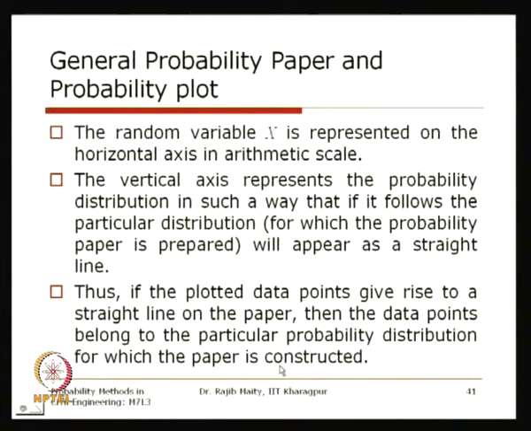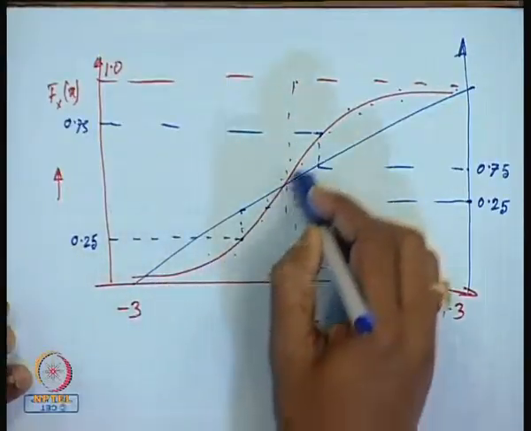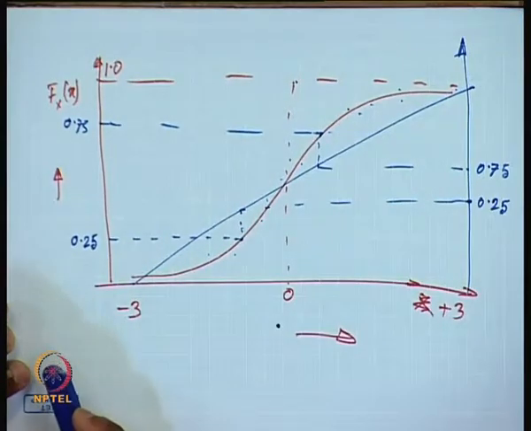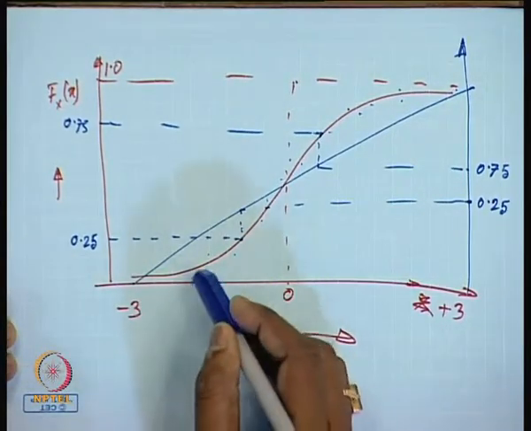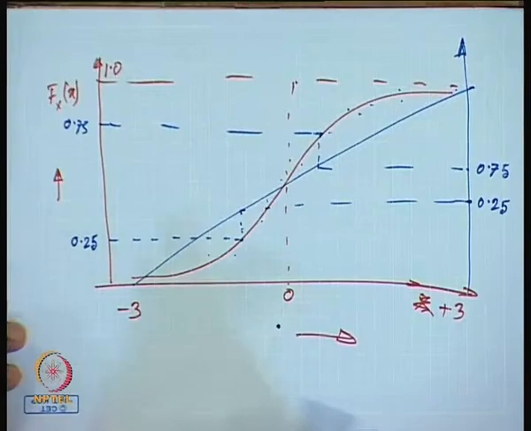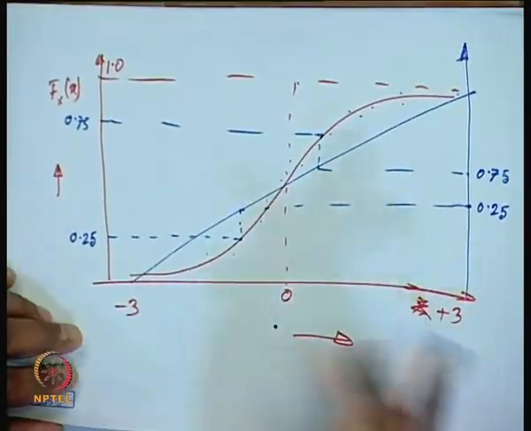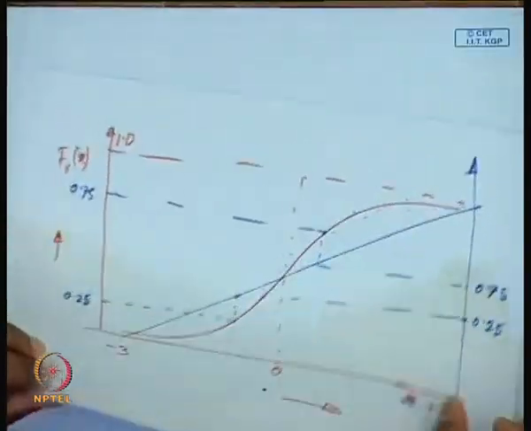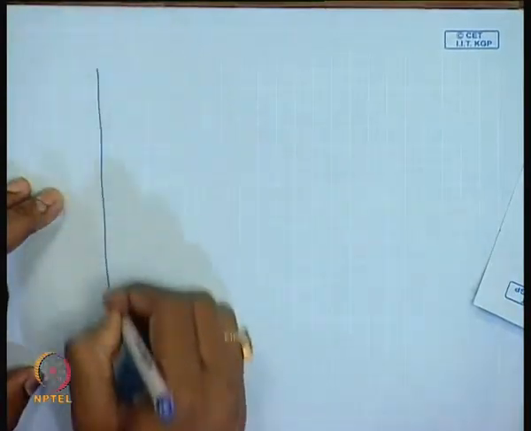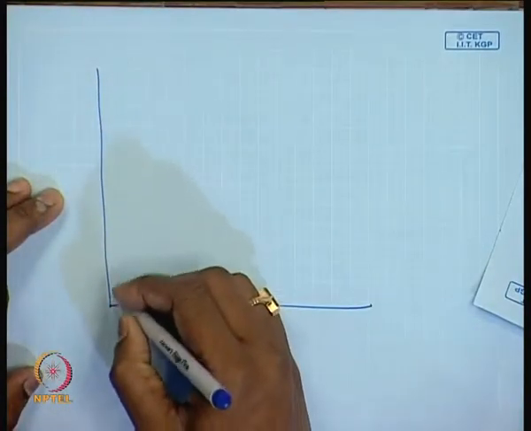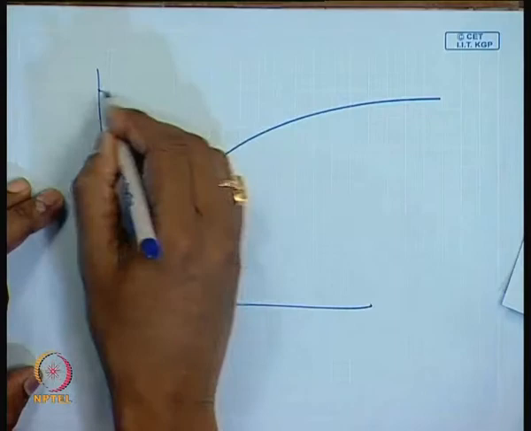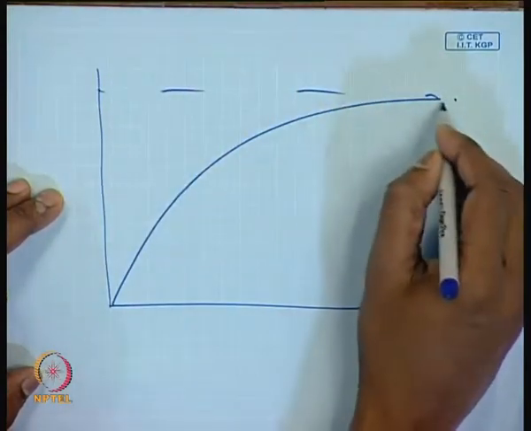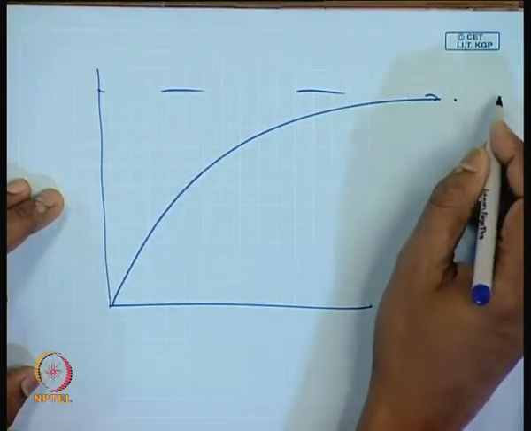So this is for the general case. The cumulative distribution that I have shown here is for the normal distribution. Now I can take the exponential distribution, whose cumulative distribution looks like this, and approaches almost 1.